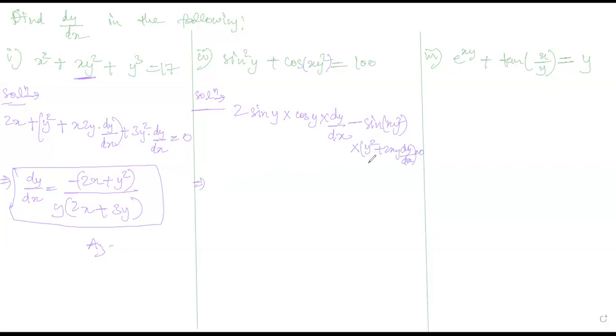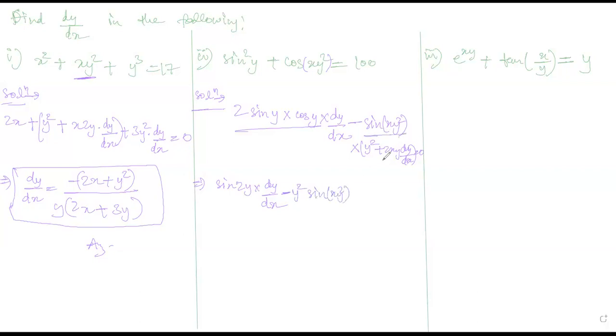So it becomes, we do have 2 dy by dx. So this is 2 sine y cos y, which becomes sine 2y. If you're not familiar with these formulas, please check them out. This is 2 sine y minus, this becomes y square into sine of xy square.